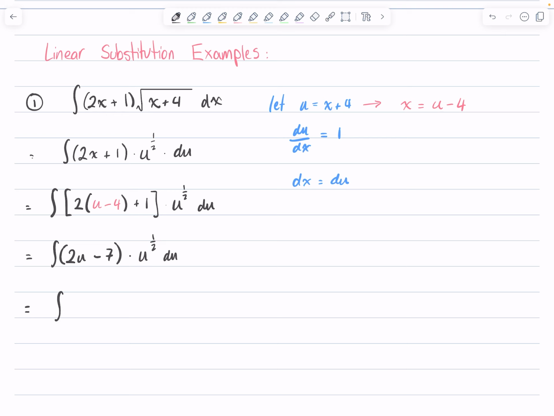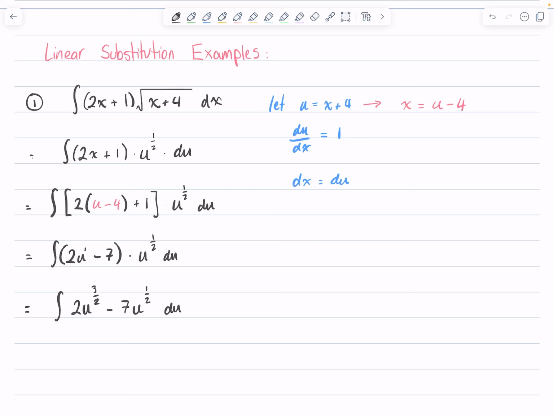So we're going to have the integral of 2, and remember your index laws from, I don't know, like year 9 or whatever it is, u to the 1 times u to the half. Because they've got the same base, we add the powers here. So 1 plus a half is either 1.5 or 3 halves. So 2u to the 3 on 2. And then we're just going to have minus 7 lots of u to the half du.